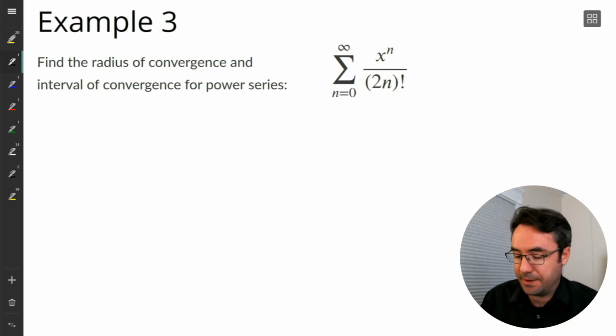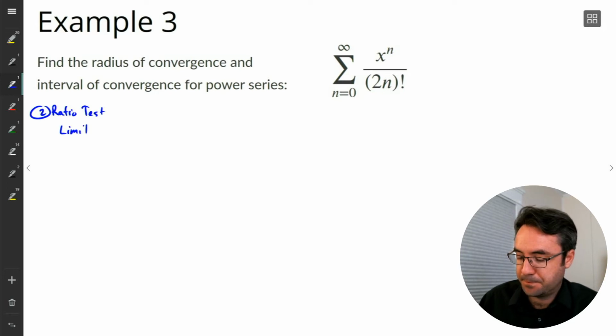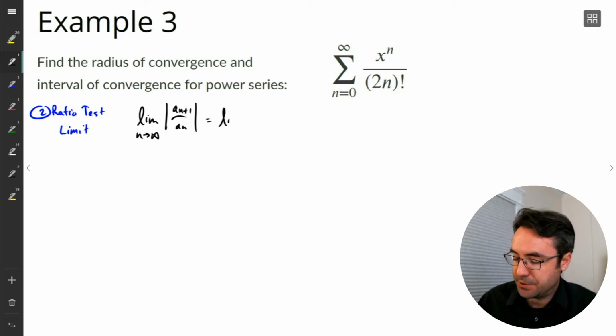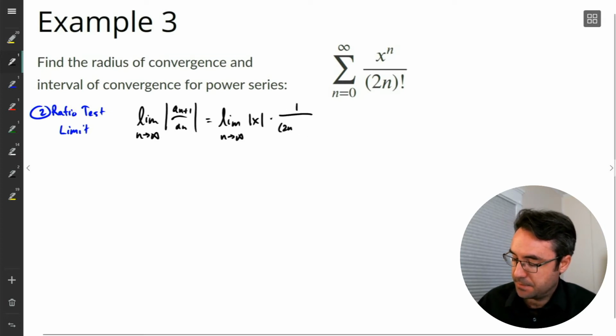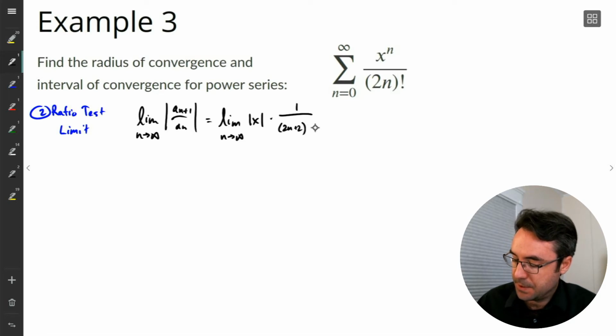All right, so let's try that. So that's step 2 here. We're going to actually do the ratio test limit. So the limit of the absolute value of a_(n+1) over a_n as n goes to infinity. Let's use our simplified version now. So this was absolute value x times 1 over 2n plus 2 times 2n plus 1.